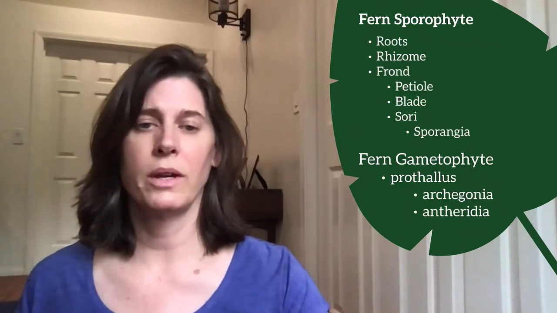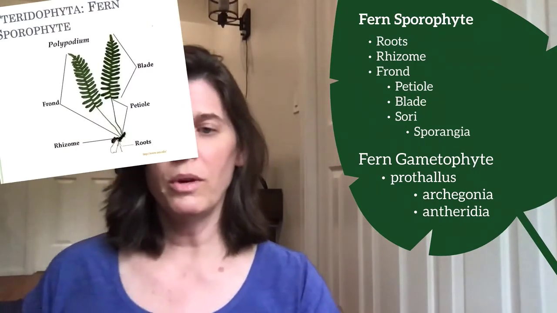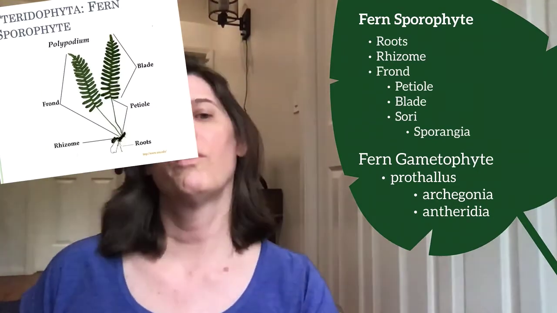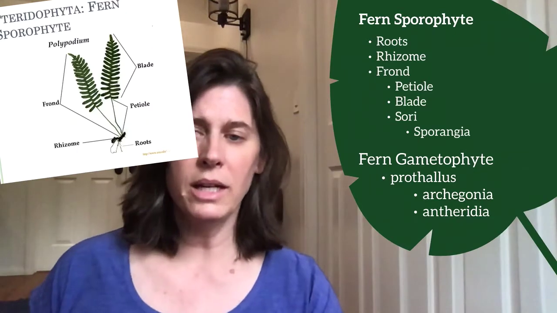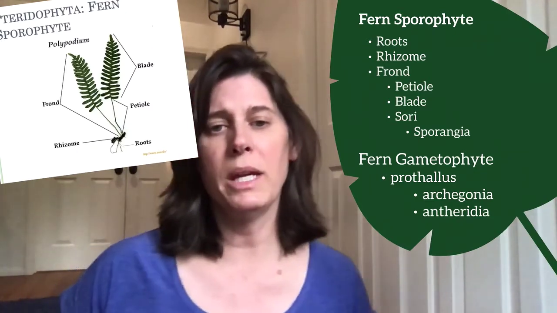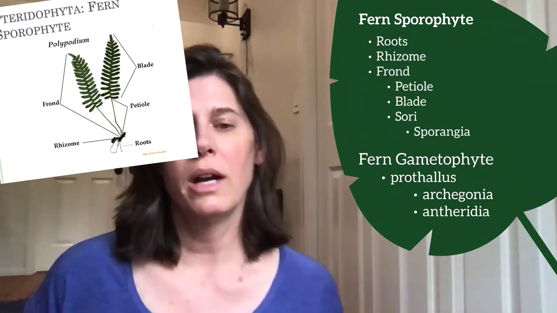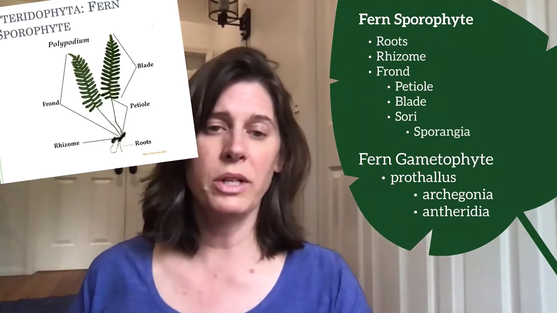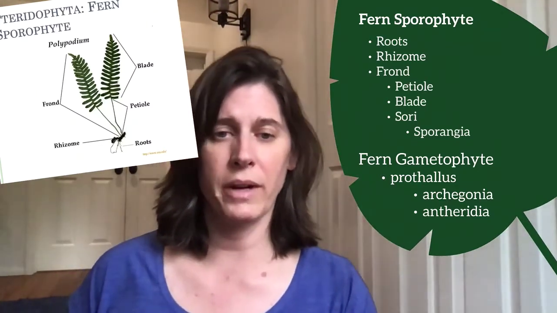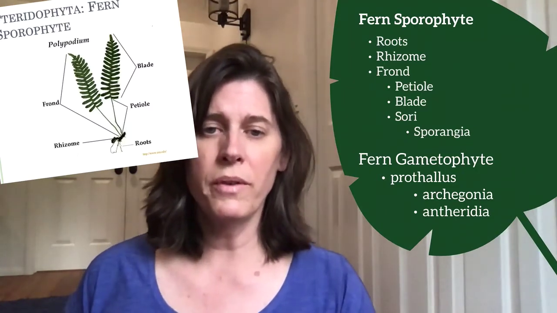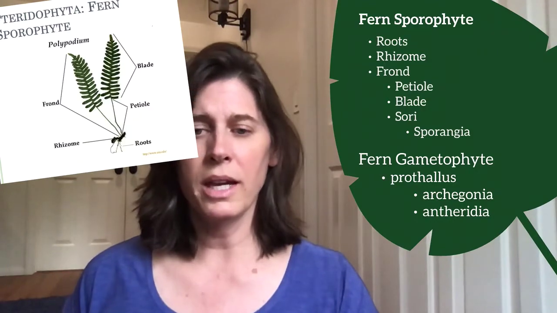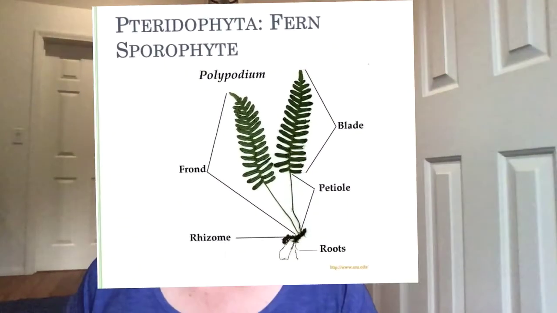Okay, and so here you see the fern sporophyte. We're going to look at the life cycle in a minute. The sporophyte is going to be the larger portion of the plant, and it's actually going to be independent of the gametophyte. So in the sporophyte portion of the plant, you can see that there are true roots and a rhizome.